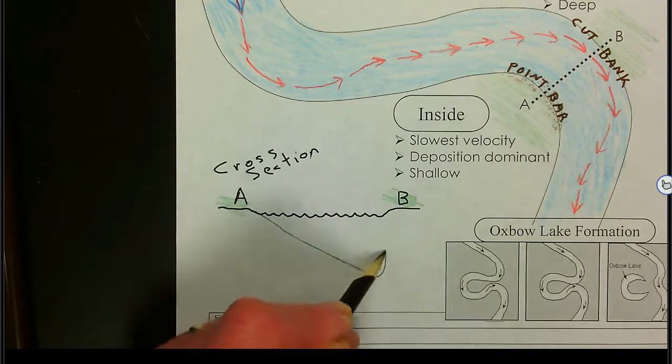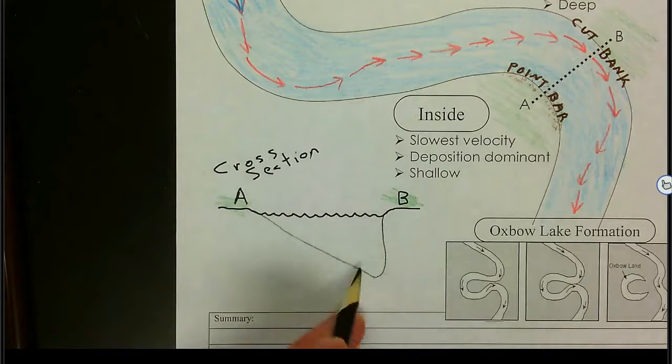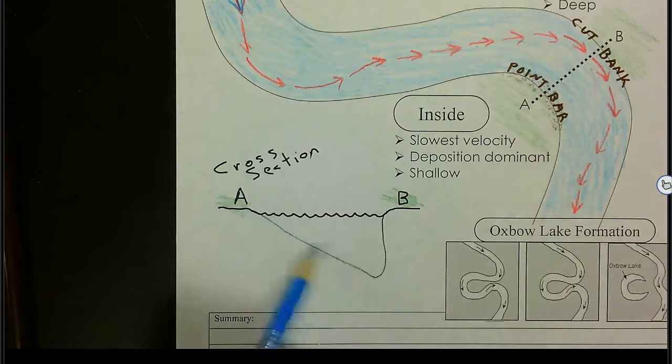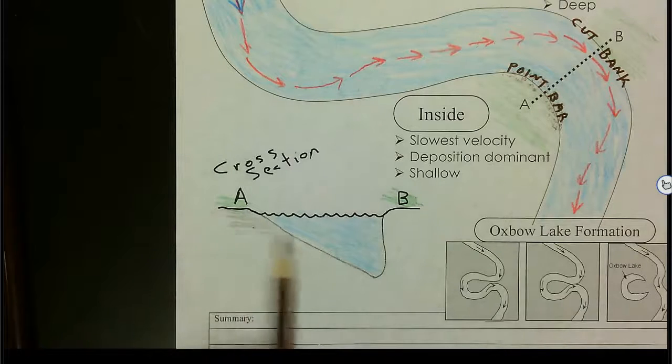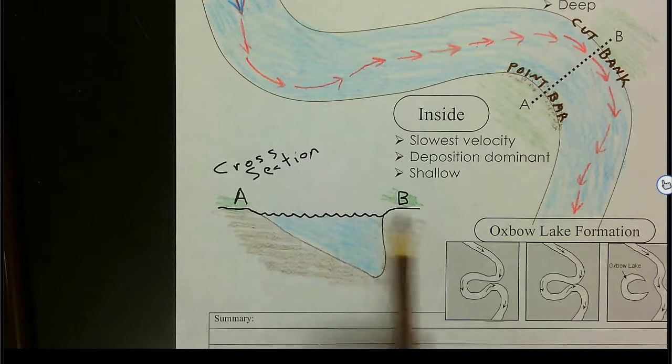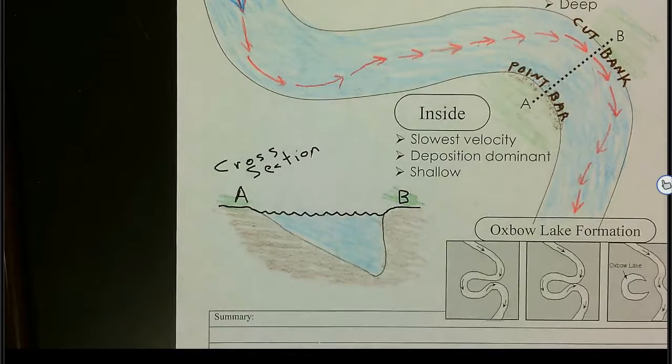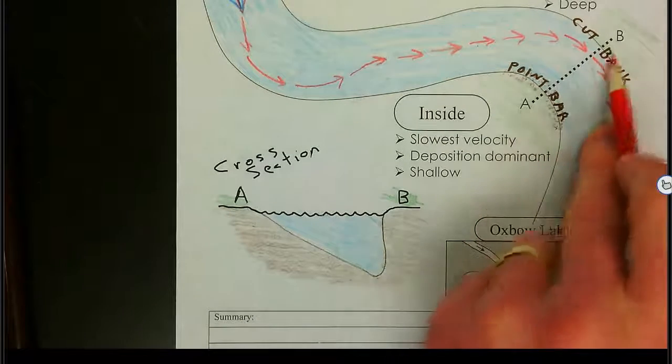It'll be the deepest at B. The cut bank has the deepest water. That's what our cross section would look like as we walk from A to B.